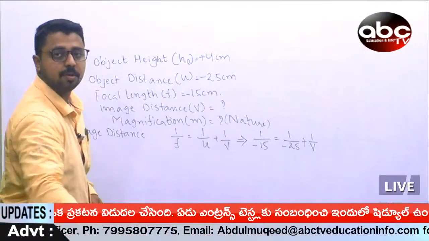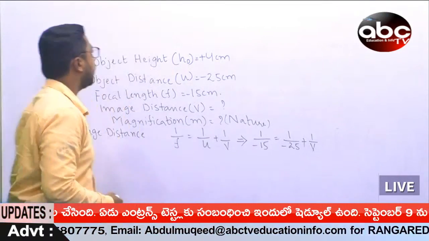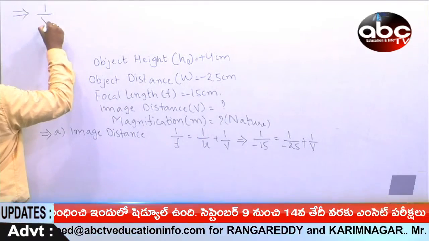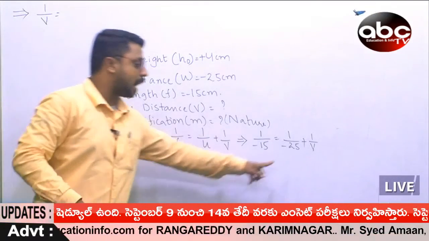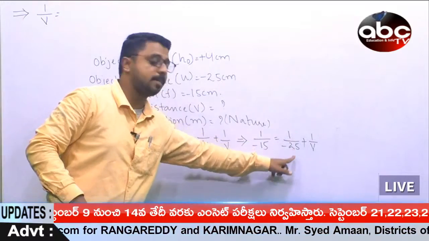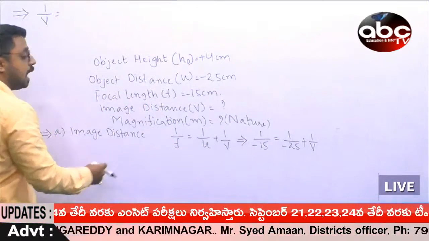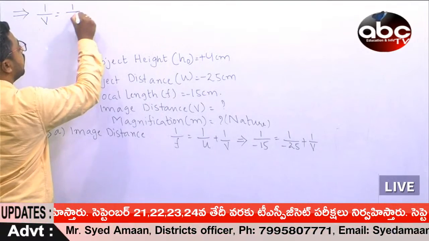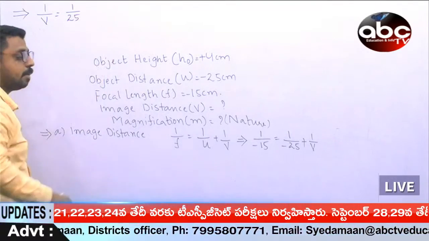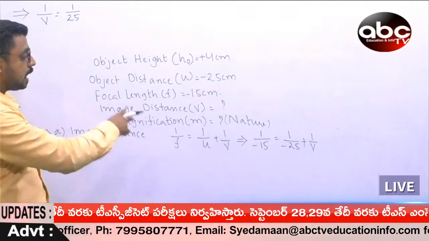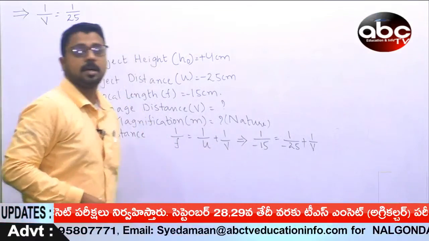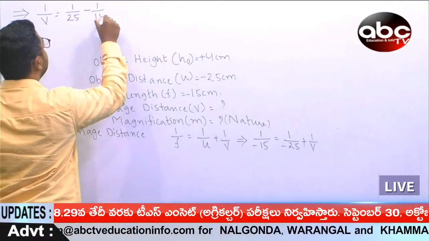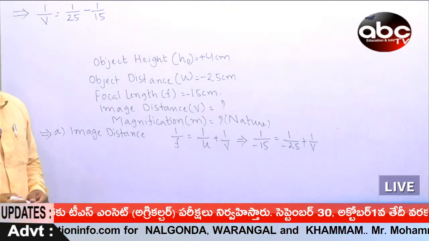So what are we going to do here? In order to find this, I take 1 by v is equal to, sending this 1 by minus 25 to this side, so that I get plus 1 by 25. Then one more term here, minus 1 by 15.